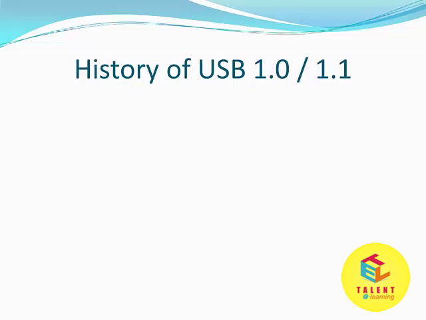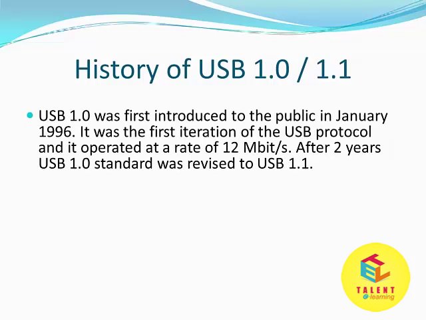History of USB 1.0 and 1.1. USB 1.0 was first introduced to the public in January 1996. It was the first iteration of the USB protocol and it operated at a rate of 12 megabits per second.